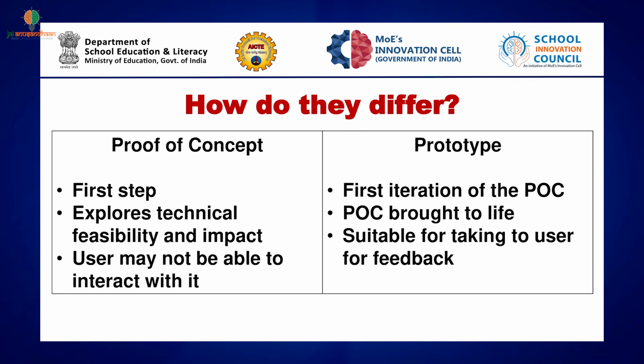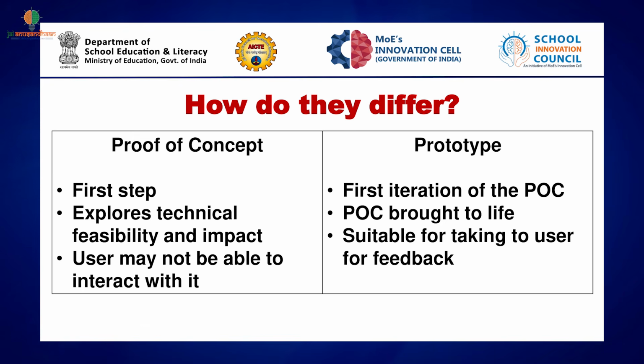Now that we have discussed both of these terms, it may be a little confusing what the difference between the two is. So let us discuss that. A proof of concept is the first step to moving forward with one of your ideas. The idea of a proof of concept is to explore and present the technical feasibility and impact of your idea.